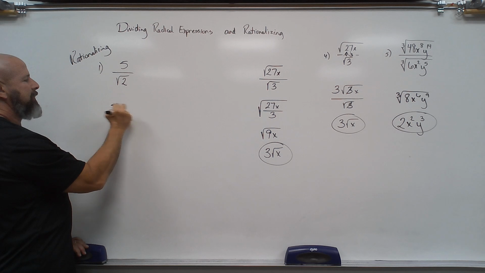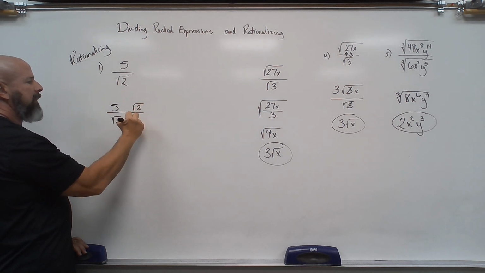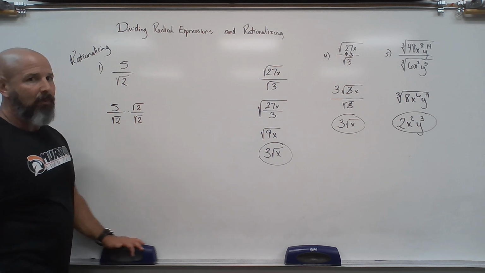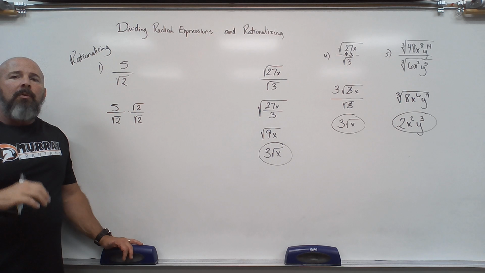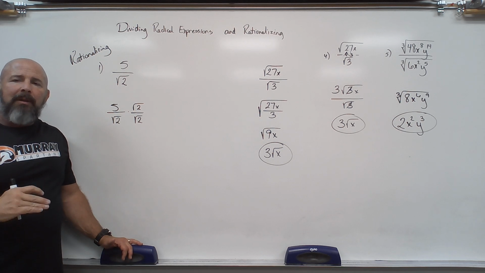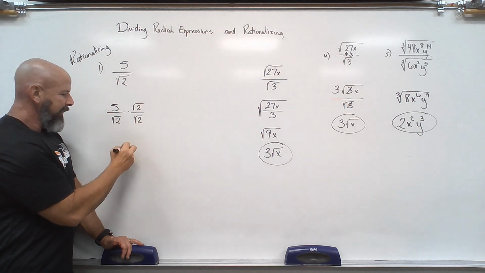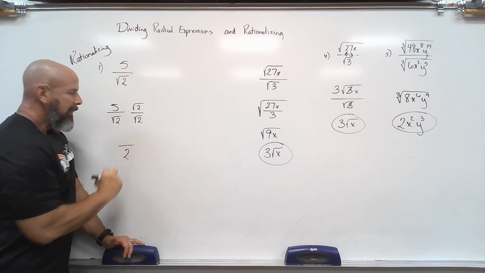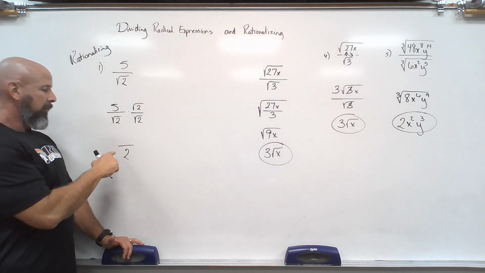So what I'm going to do is I'm going to multiply numerator and denominator by a root 2. This is going to rationalize, take the radical out of the denominator, because root 2 times root 2 is just 2. I guess technically it is root 4, but the square root of 4 is 2.